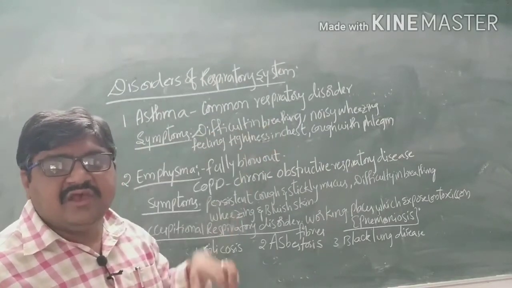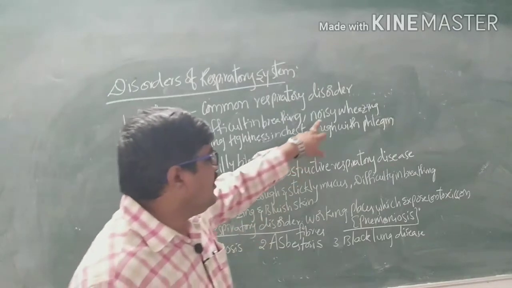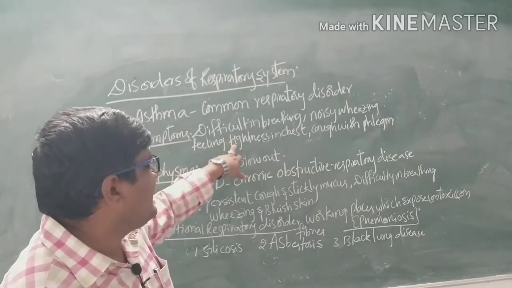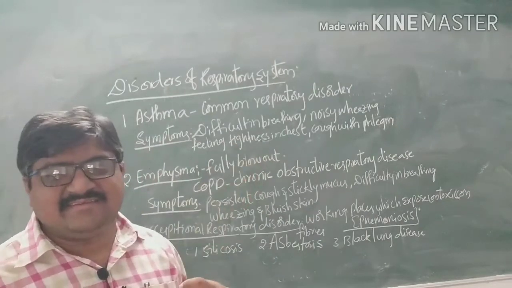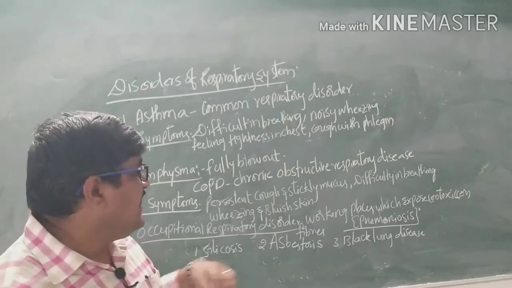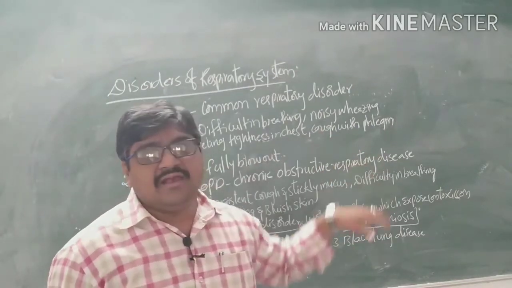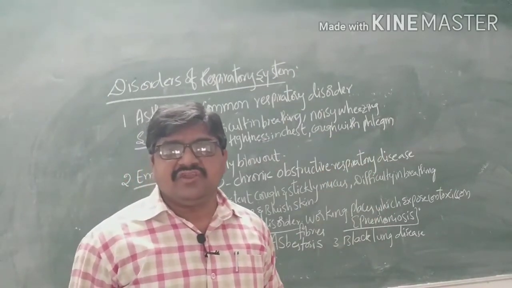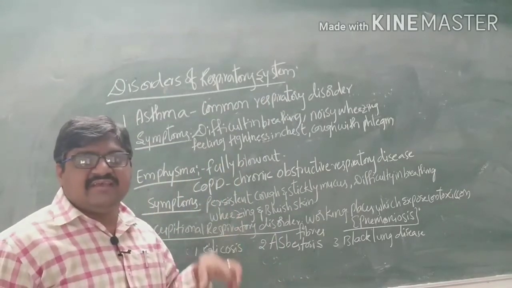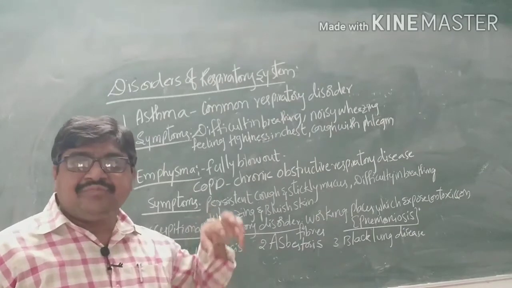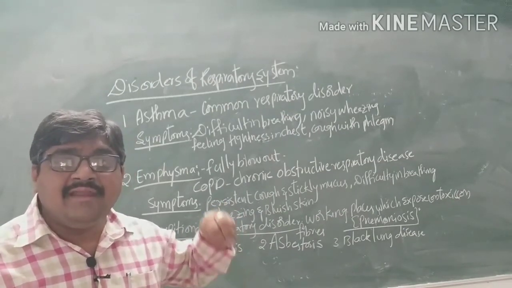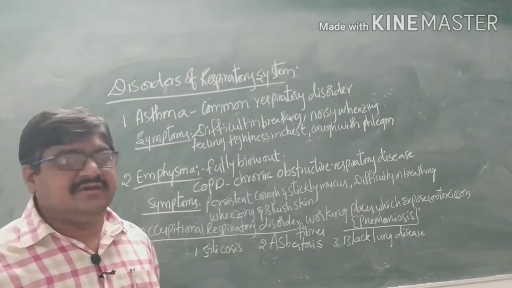The breathing is very difficult and noisy, with wheezing and a feeling of tightness in the chest, and also a cough with phlegm. These are the symptoms of asthma, a common respiratory disorder.